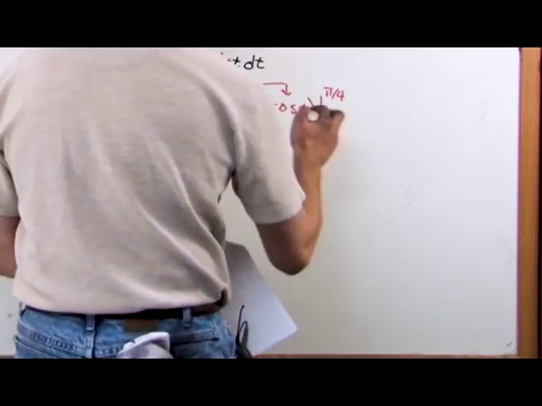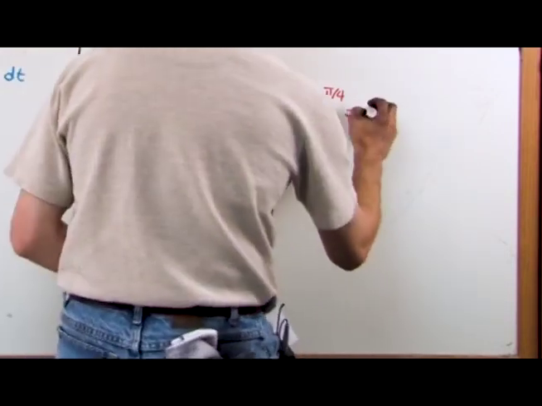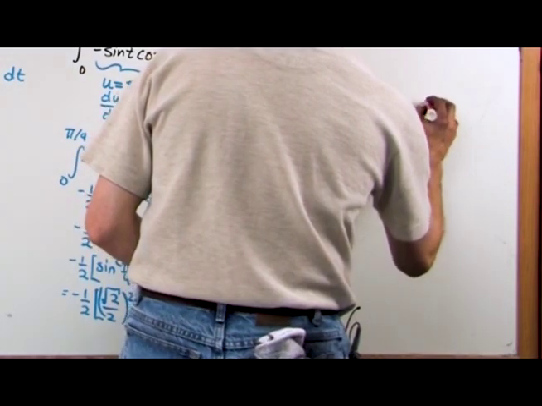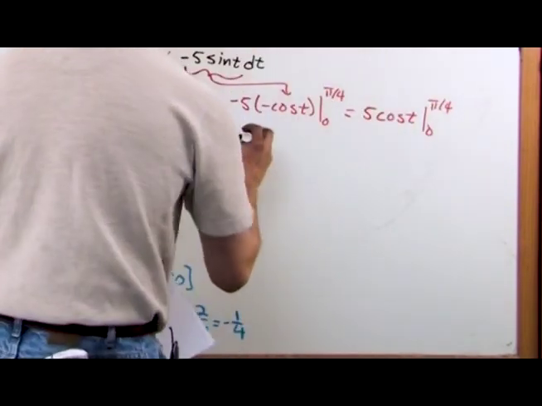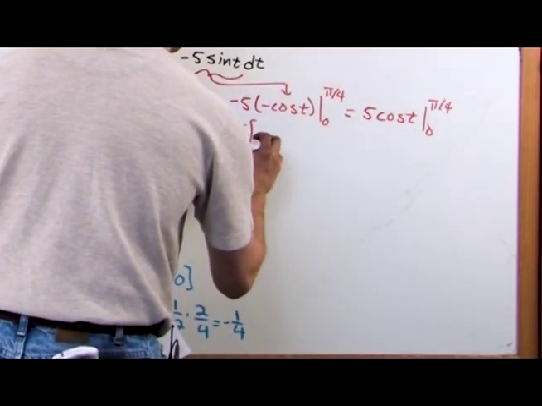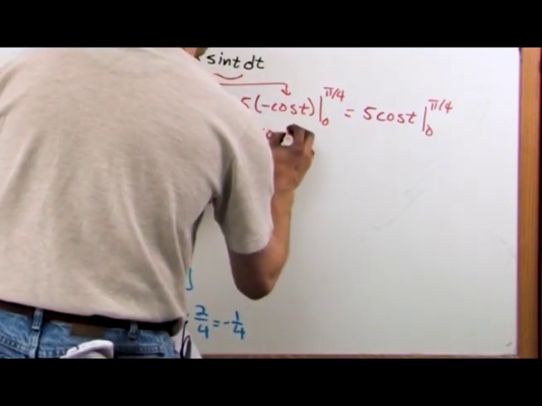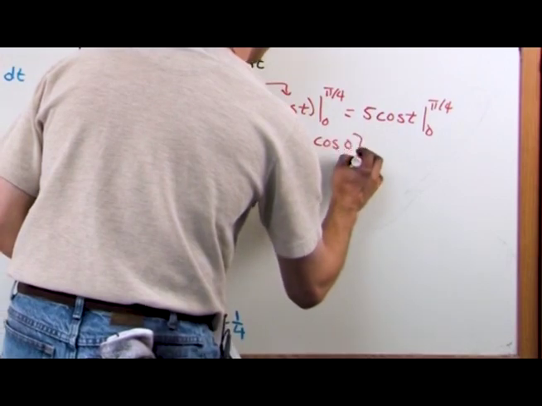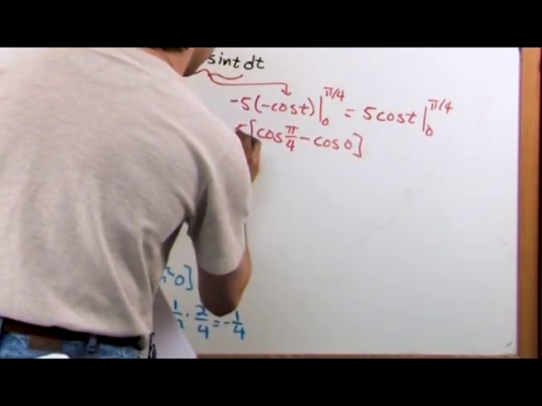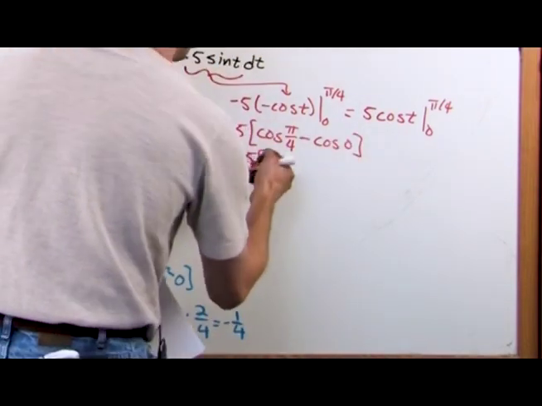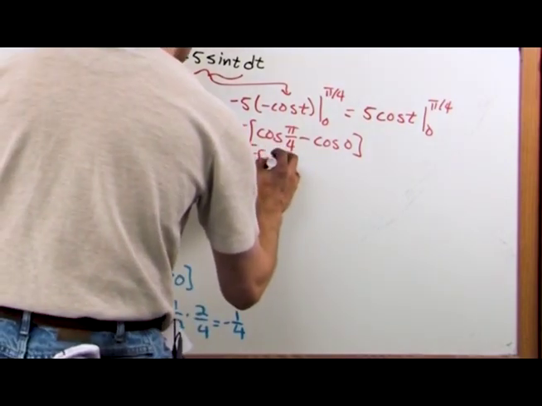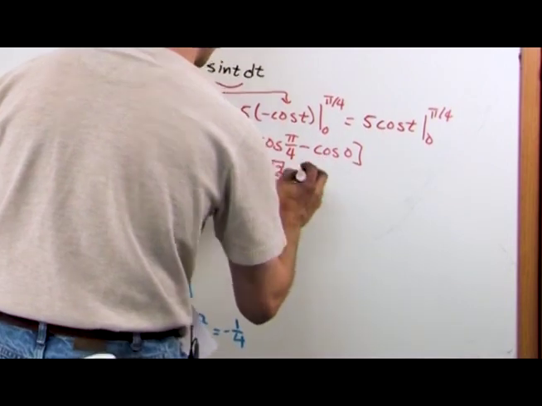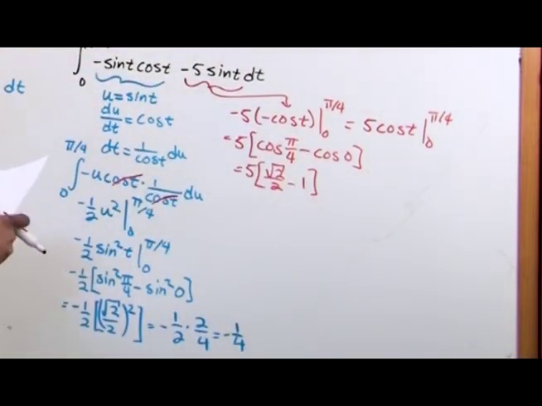So negative times negative is positive, so 5 cosine t from 0 to pi over 4. Okay? So I'm going to have 5, and on the inside, cosine of pi over 4 minus cosine of 0. Cosine of pi over 4 is square root of 2 over 2 minus cosine of 0 is 1. Okay? Cosine of 0 is 1.